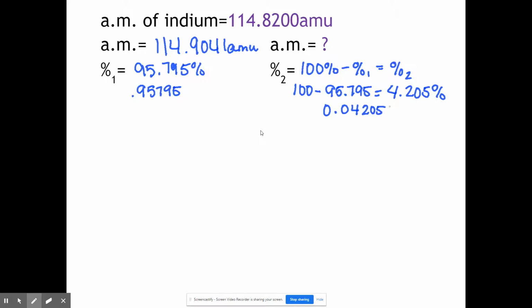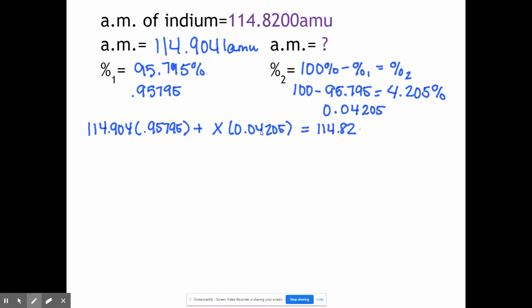Now I'm going to take my first atomic mass times my first percent in a decimal, add, I don't know my second atomic mass, so that's going to be an X, times my second percentage. It's going to equal my average atomic mass up here, so 114.82.